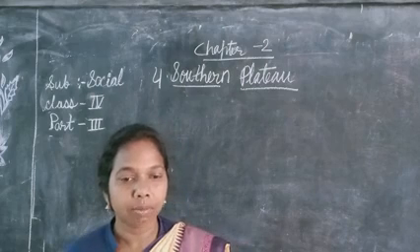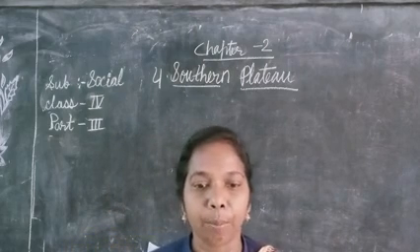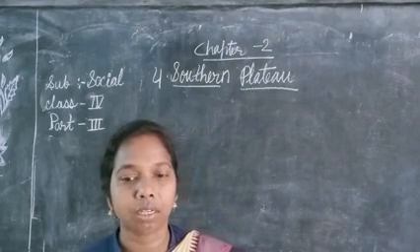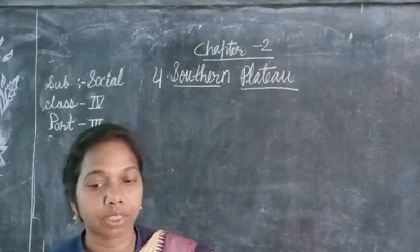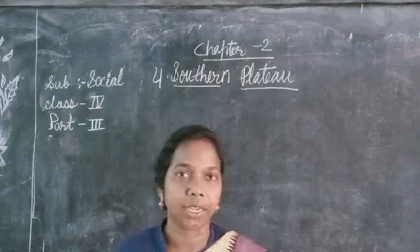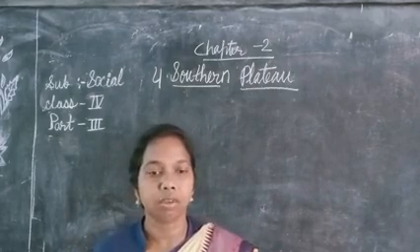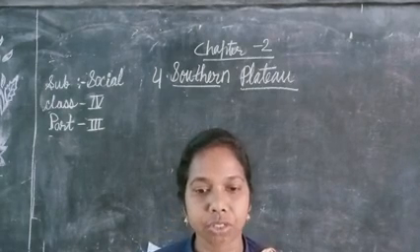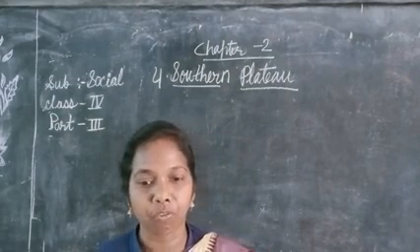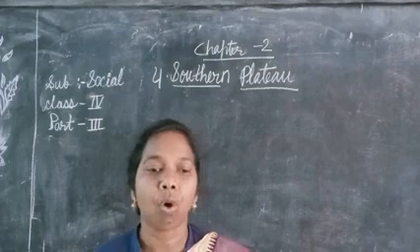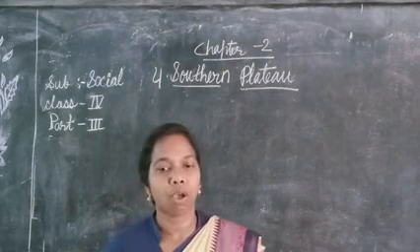The southern part of India is a peninsula which is surrounded by water bodies on 3 sides. The Arabian Sea on the west, the Bay of Bengal on the east, and the Indian Ocean in the south.